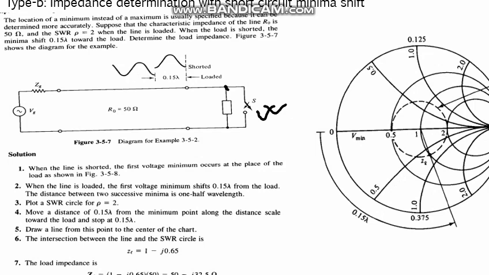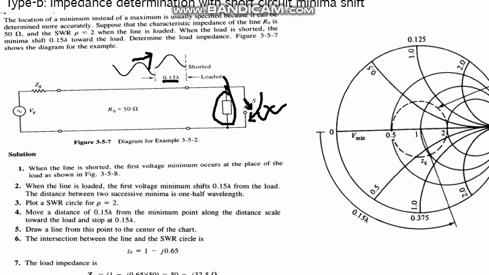But when the load is shorted, there is a shifted sign. If you make it short, so that will be 0, that will be inactive. So we get a shifting of 0.15 lambda towards the load. That is known as minimum shift.